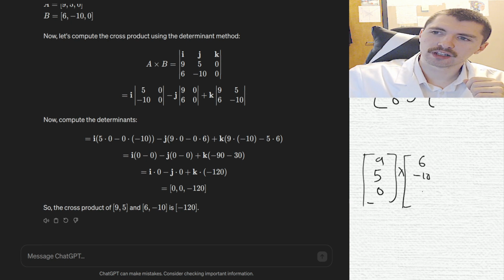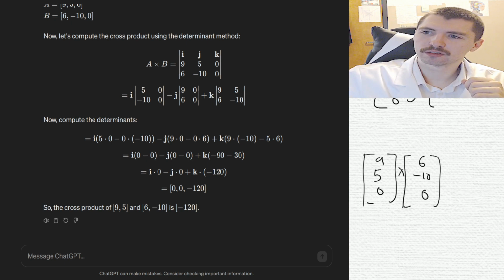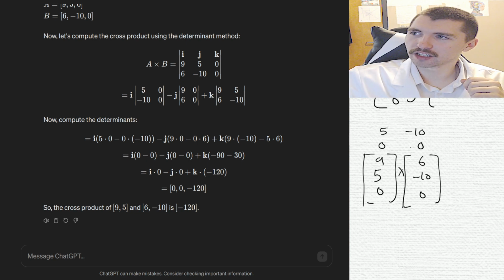Maybe I'm not getting the right numbers because I didn't know it had to be 3 dimensions always. So we have to do this with 0, 0, 5, negative 10 if we want to keep it IJK.